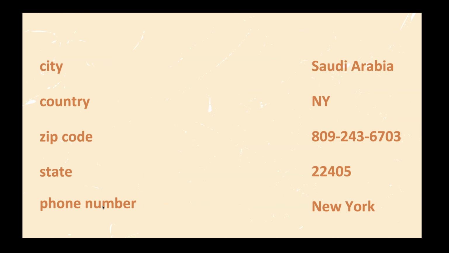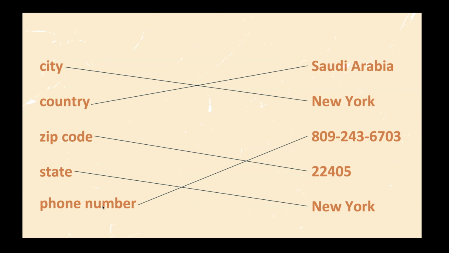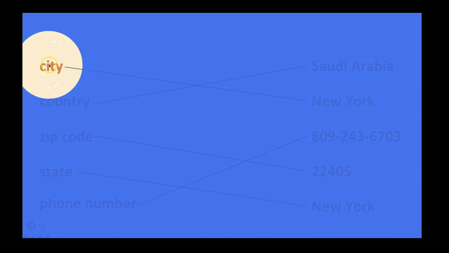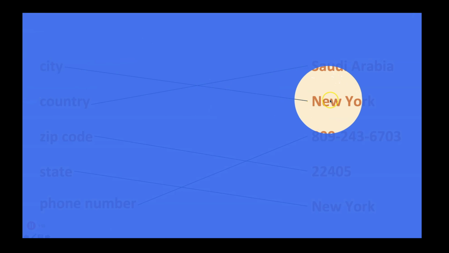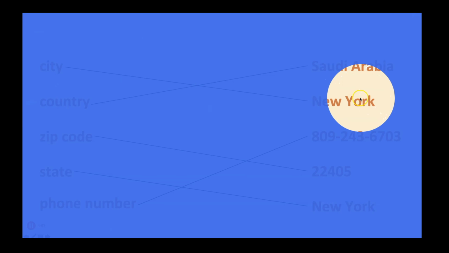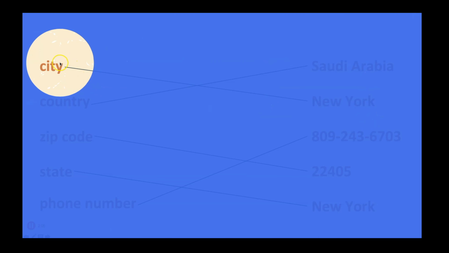Okay, how did you do? Let's check our answers. Here on the left, the first word is city. New York is a city, New York City. But New York is also a state, as we will see. So, city, New York.